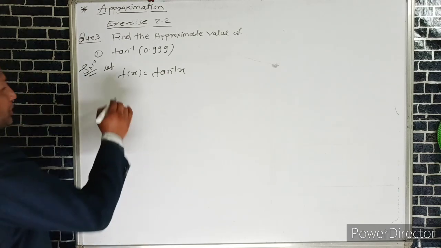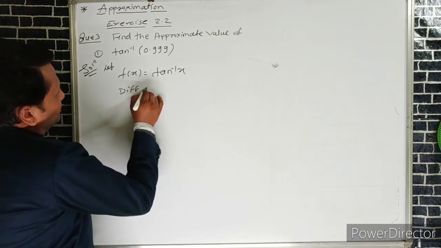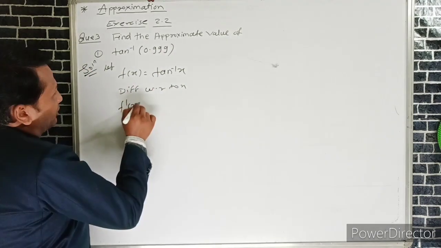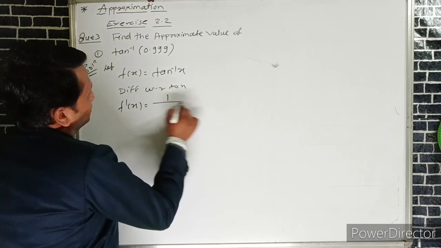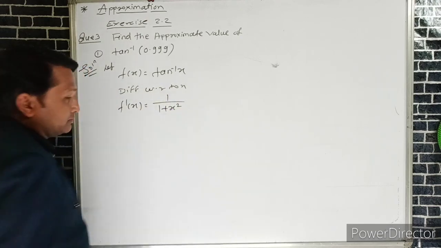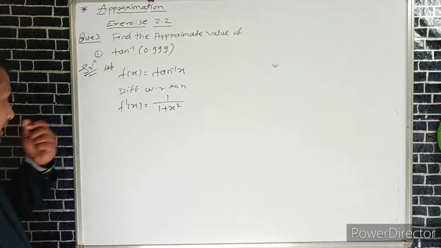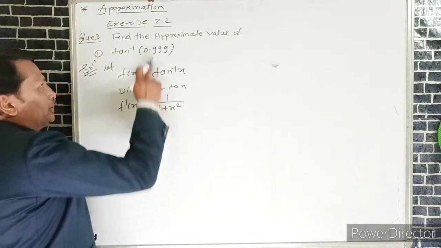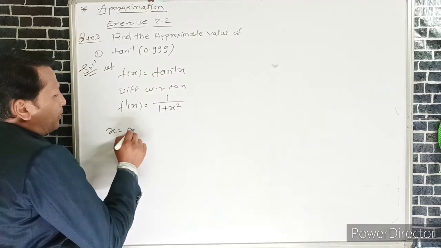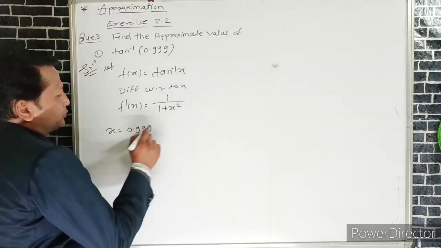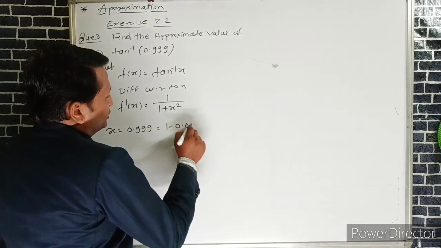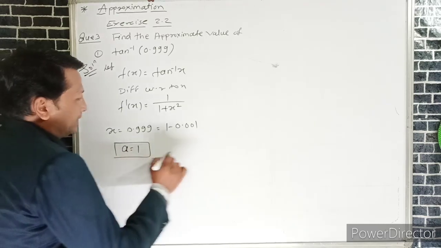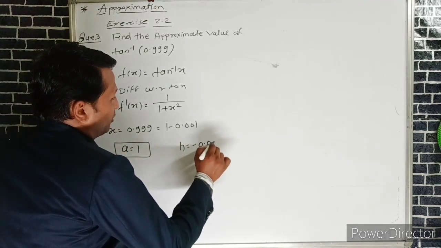If we differentiate this with respect to x, the derivative f dash of x, the derivative of tan inverse x, is 1 upon 1 plus x square. If we consider that x is 0.999, we can write it as 1 minus 0.001. So here a is equal to 1 and h is equal to minus 0.001.